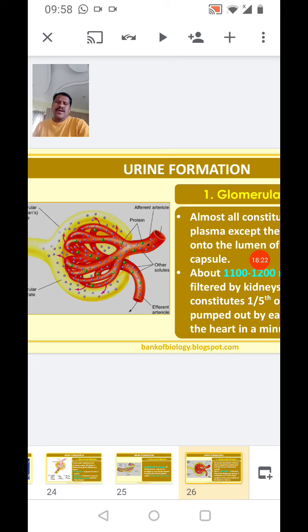Examples are glucose, amino acids, vitamins and salts.